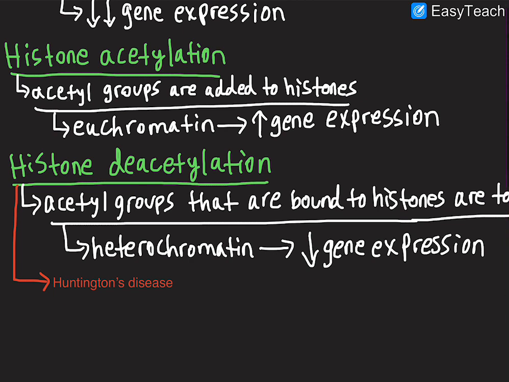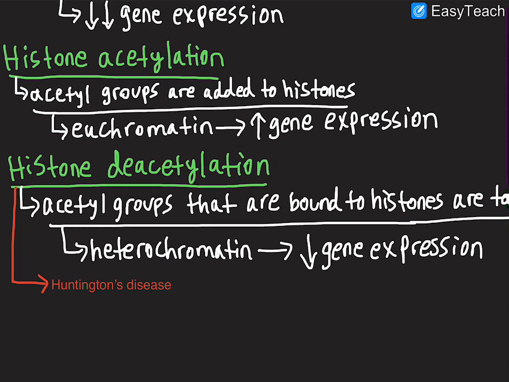If you can't make those proteins because you deacetylated a lot of your histones, that means you have a tight interaction, heterochromatin, between the histones and DNA. That means you cannot express your genes, you cannot do transcription and further make proteins. That can lead to Huntington's disease. All right, and we'll talk about this further when we dive more into Huntington's disease itself.